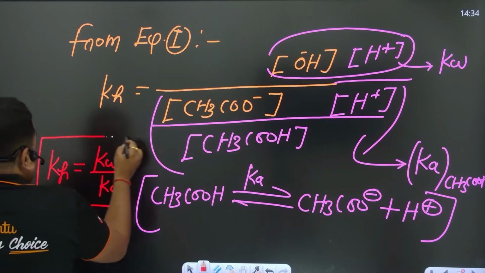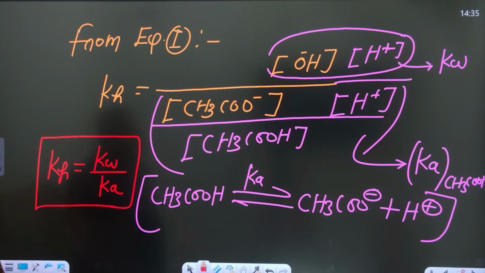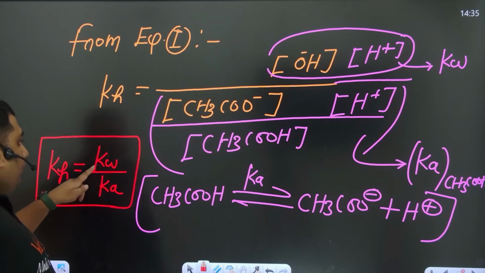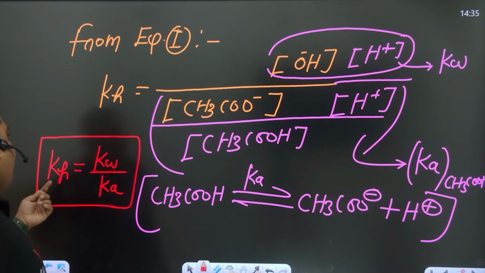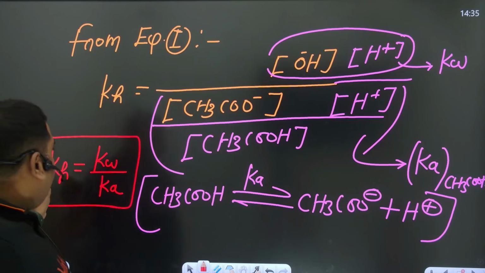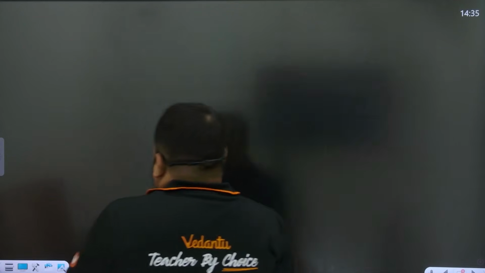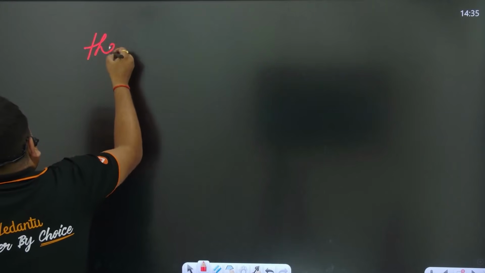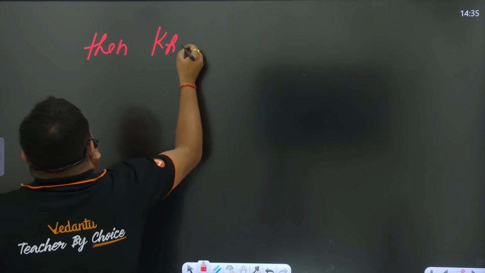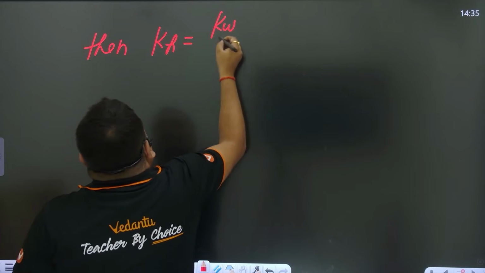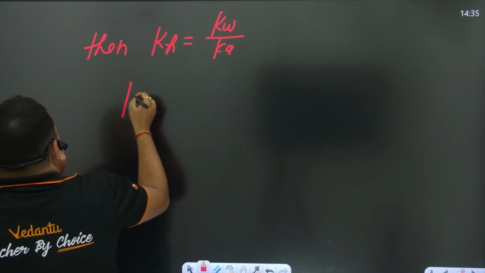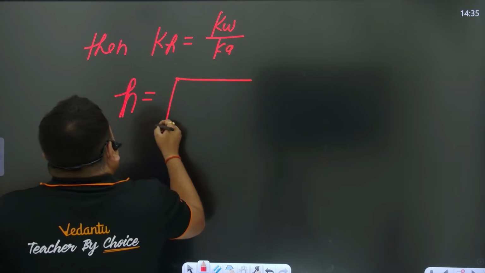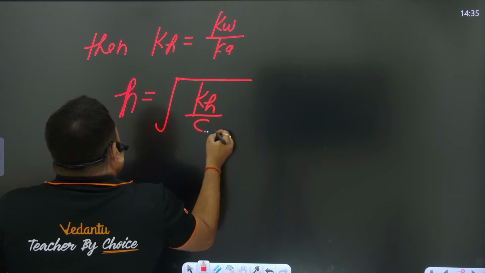So now we got the relation between Kh, Kw and Ka, and in the question the Kw value and Ka value are already given. So using these values, you are able to calculate the Kh value. Now you just put this Kh value, which is Kw by Ka, in the equation h is equal to under root Kh by C, right?